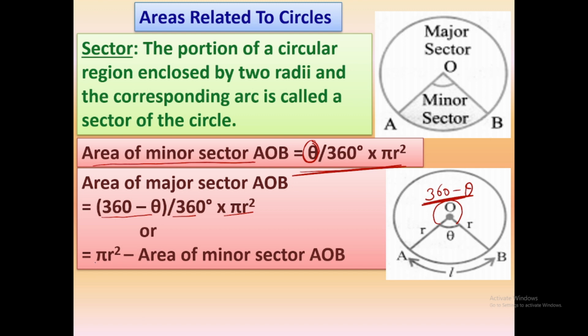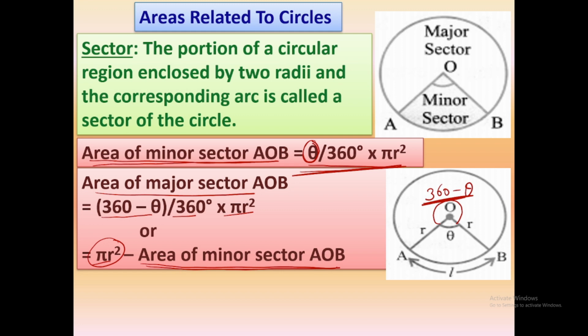So the area of the circle is pi r square, and the area of the minor sector, which we have already found, is theta upon 360 into pi r square. So from pi r square, if we subtract the area of the minor sector, we get the area of the major sector. Okay, I hope this concept is clear to all of you.